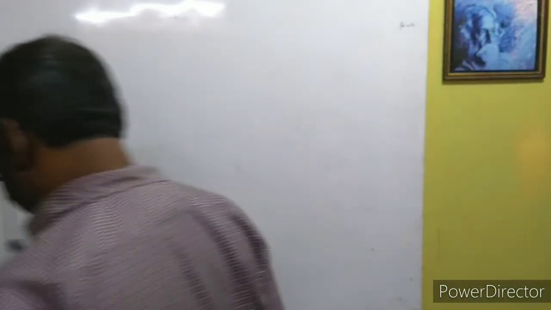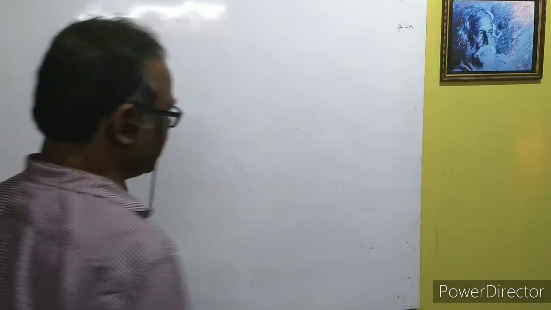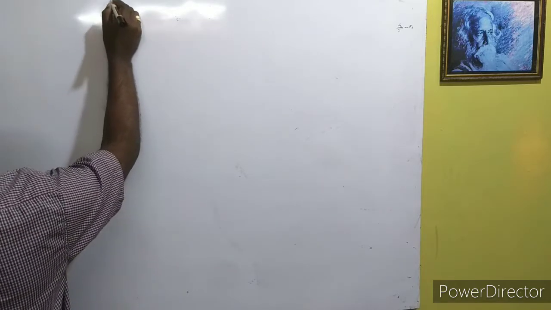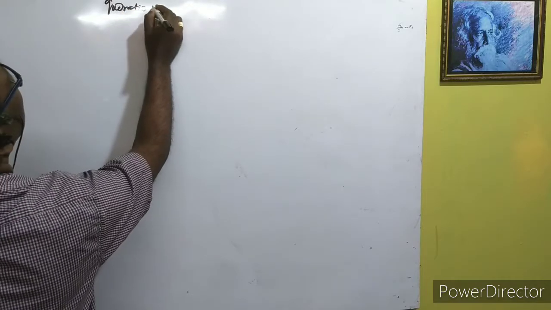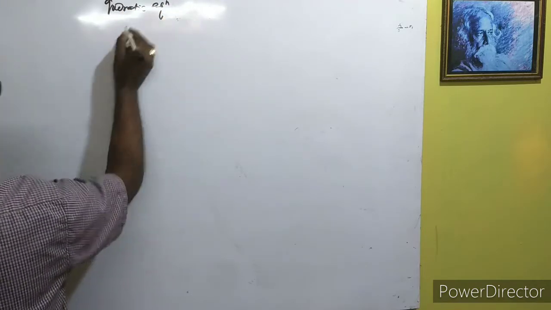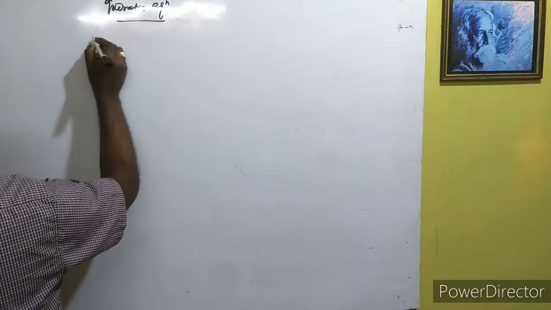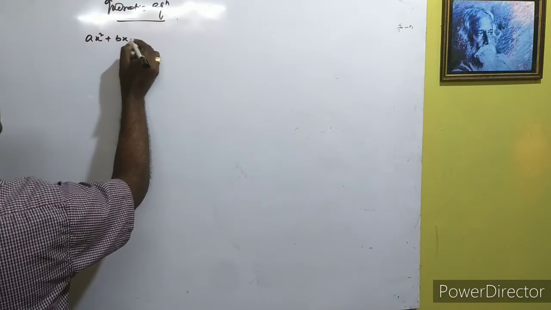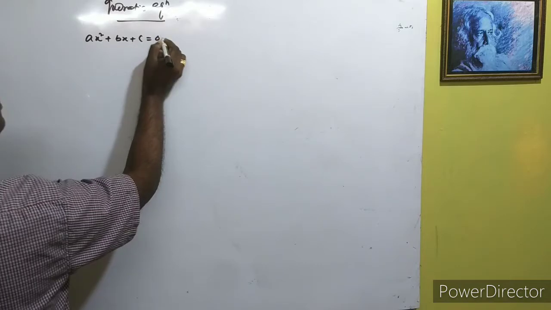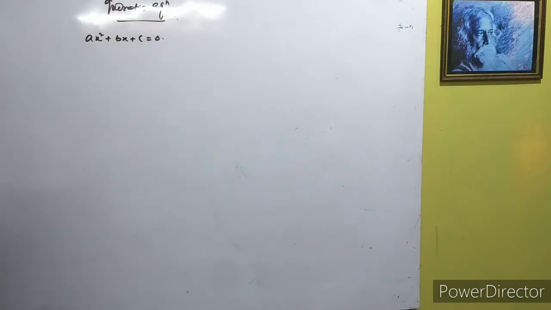Today, this is the chapter about the quadratic equation. Okay, the theorem of quadratic equation, and see here the quadratic equation: ax² + bx + c = 0.